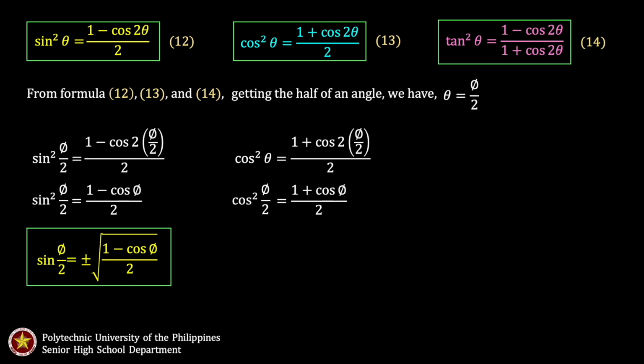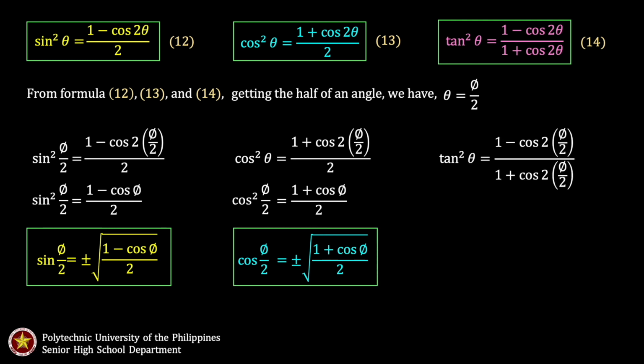We will obtain cosine squared phi over 2 equals 1 plus cosine phi over 2. Extracting the roots of both sides to obtain cosine phi over 2, we have positive or negative square root of 1 plus cosine phi over 2. The only difference from the sine function is that the operation is minus, while for cosine, it is addition.